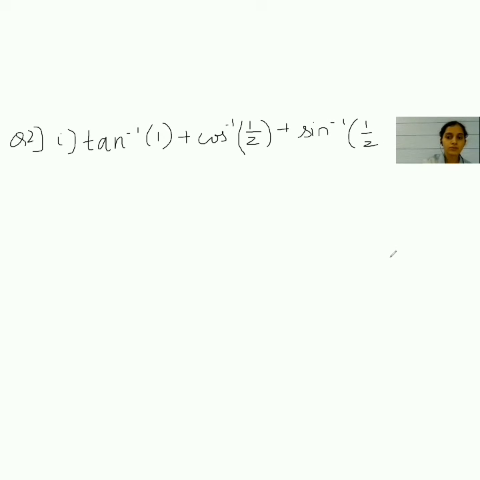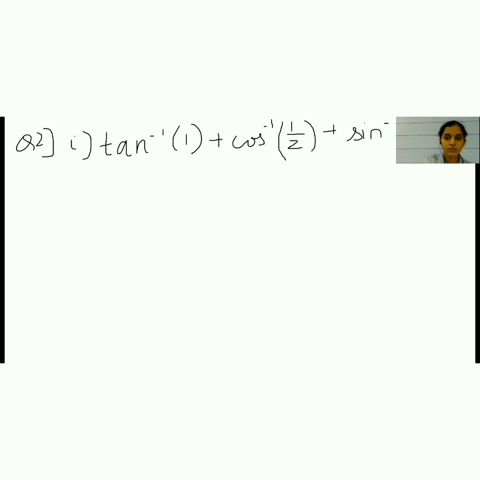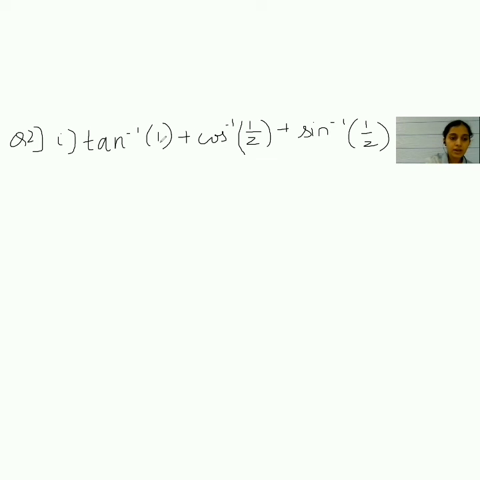What we have to do is just find out their values and add them. So first let us find the tan value which will give me 1. That is pi by 4. So tan inverse of 1 is equal to pi by 4.